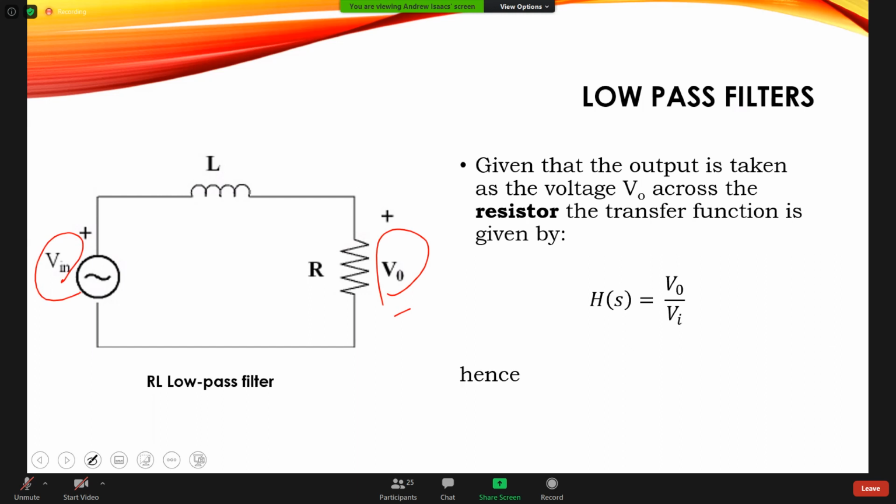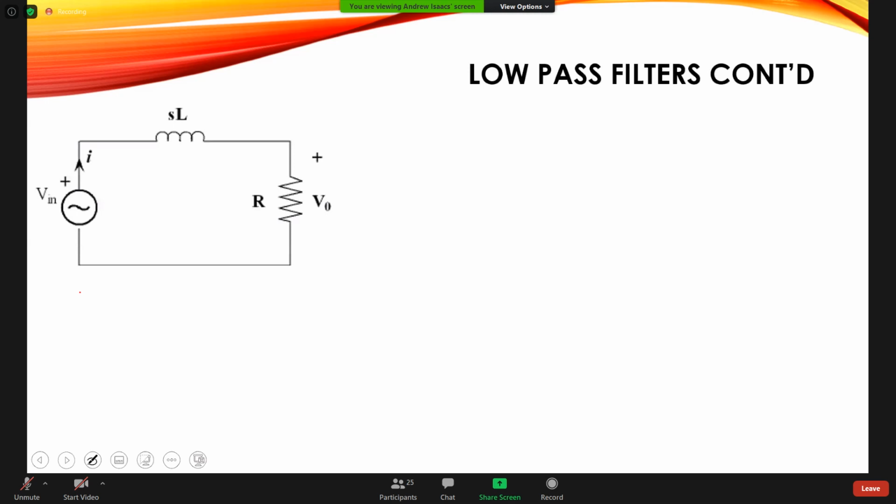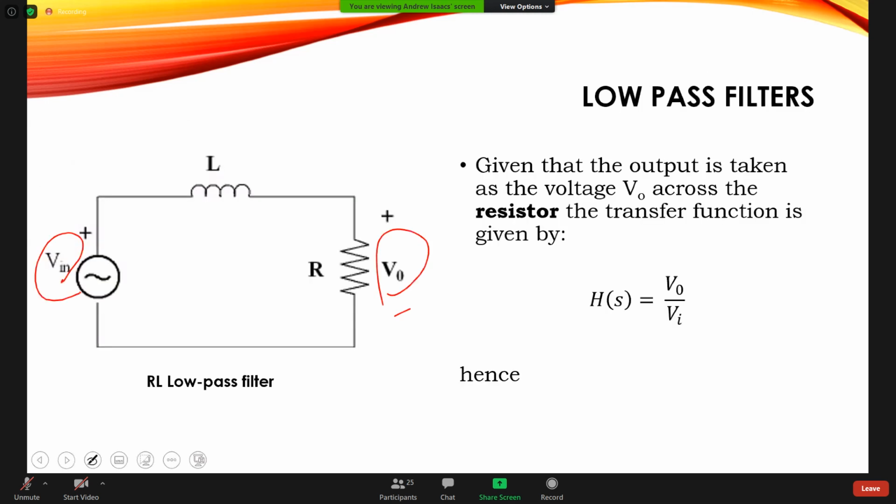We have just completed this, so we can now transfer all of this to the frequency domain, which means that we have SL and we have R. But before I go there, let me just talk quickly about why this would be a low pass filter.